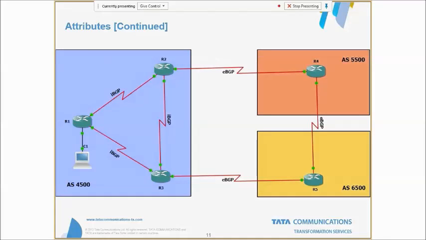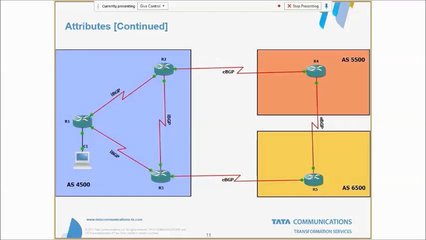Okay, you see, there are 3 autonomous systems here: AS 4500, AS 5500, and AS 6500. In AS 4500, there are 3 routers: R1, R2, and R3. And in AS 5500, we have R4, and in AS 6500, we have R5.